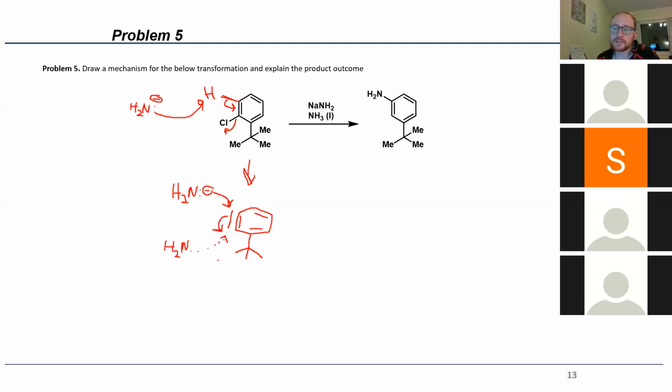But in the case of this molecule, you have this hindering group here that will sterically encumber any approaching nucleophile. And so in that way, we can get selectivity in this benzyne reaction for this less hindered trajectory.